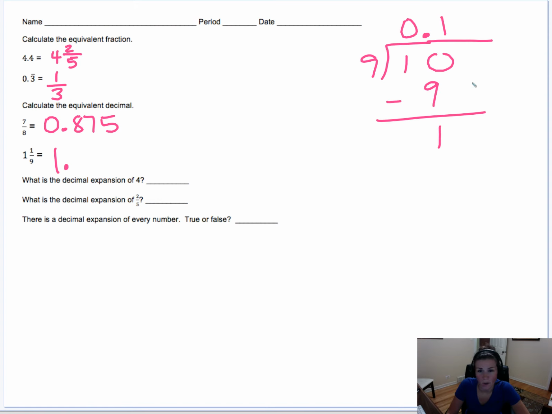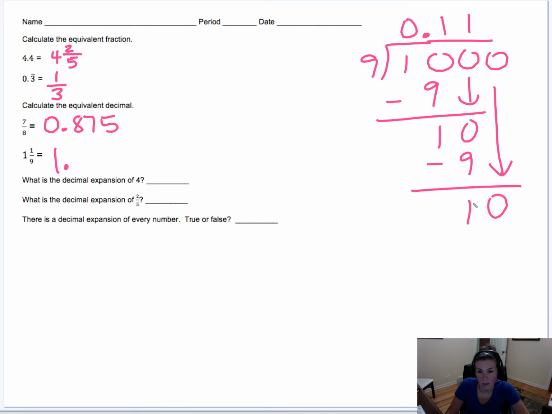Subtract that, you get 1. Bring down another 0. How many times does 9 go into 10? 1 time. Okay, you start to see that this is going to continue on and on and on forever. So instead of writing 0.111, I'm just going to write 0.1 repeated.